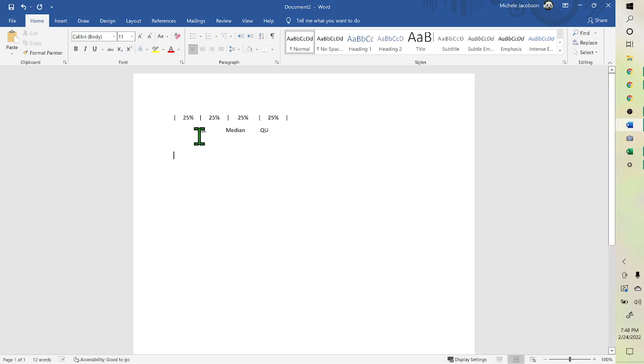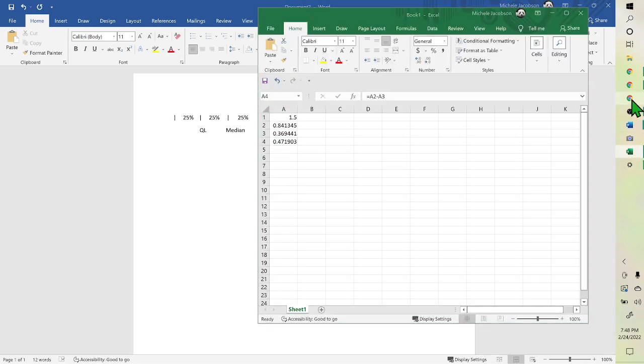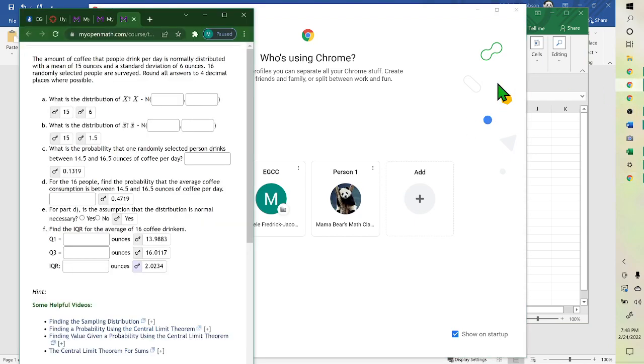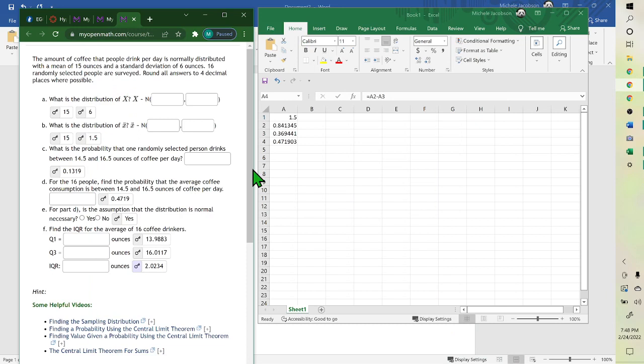If we want to find the lower quartile, when you're finding these, you want the percent below. Below the lower quartile is 25% of the data. So to find QL, 25% is below it. For the first one, Q1, they use Q1.